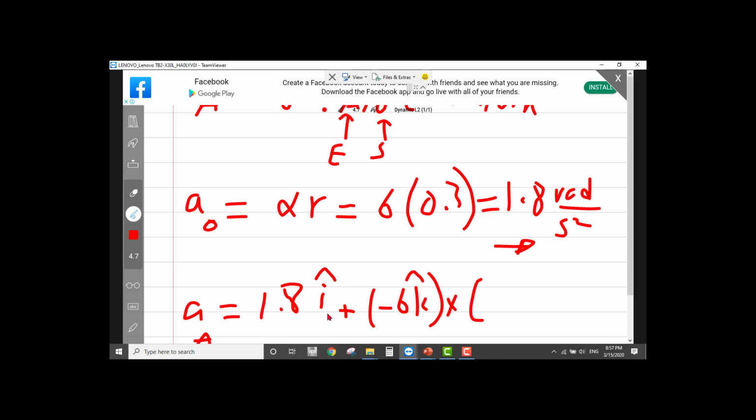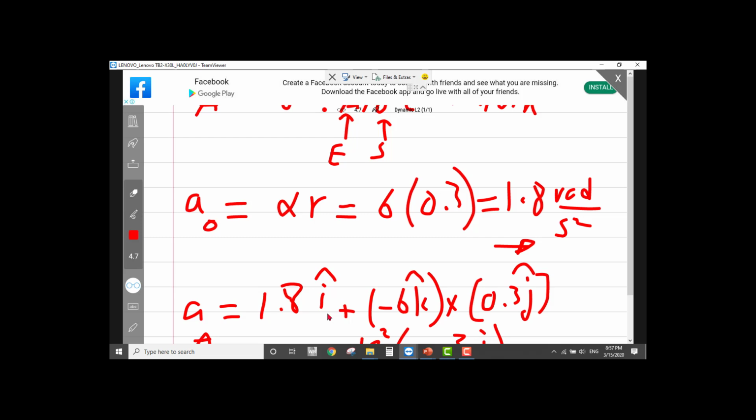So I will substitute 0.3 in the J direction. Minus omega squared, where omega is given as 12. Then this 12 squared, without substituting the direction because this is a dot product, multiplied by 0.3 in the J direction.